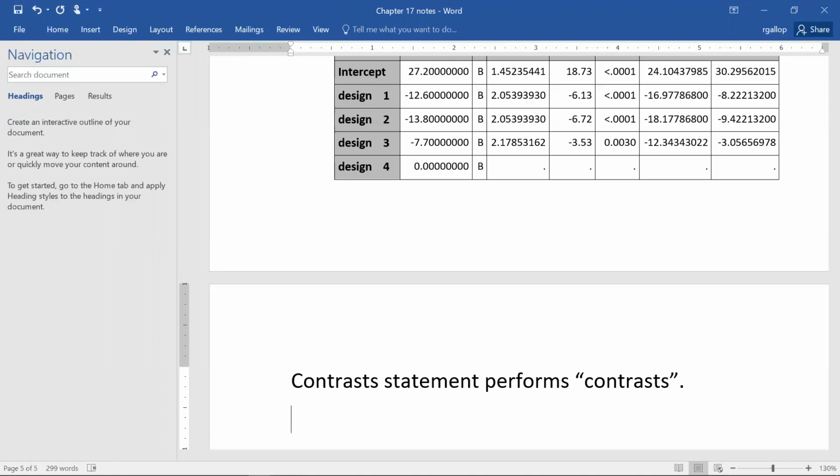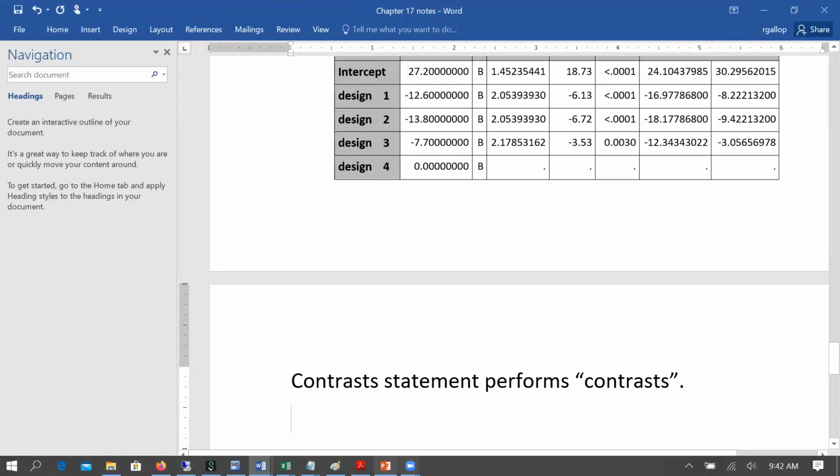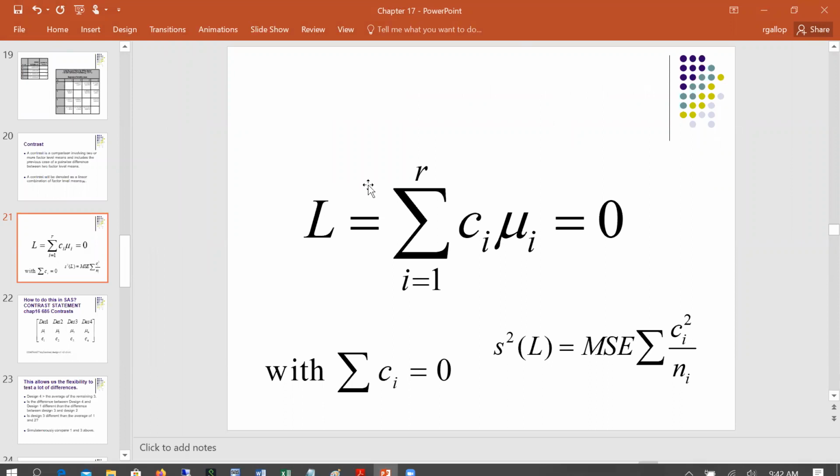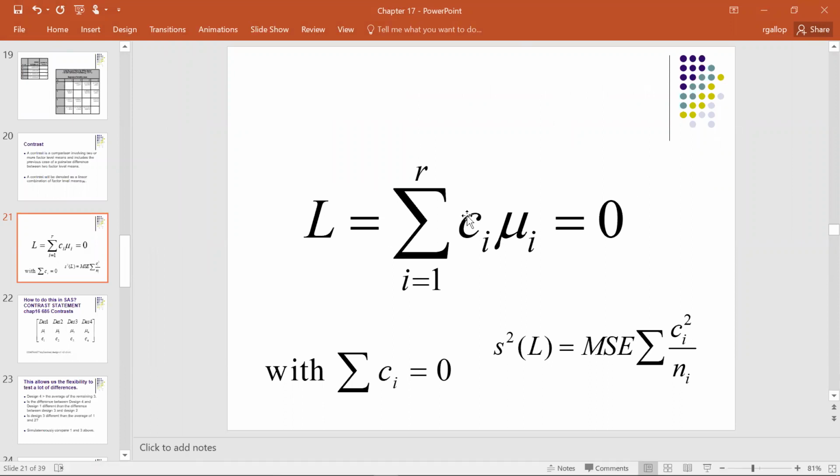Hey, Joey, what does thorough mean? Well, thorough means, you know, we're talking about something being thorough. That's what you hear a 7-year-old say. So in that one, I'm saying contrast statements perform contrast. But what I mean is that the contrast statement in SAS forms the analysis for this statement. So that's what the contrast statement does. And again, it has to have the situation where the coefficients sum to 0.